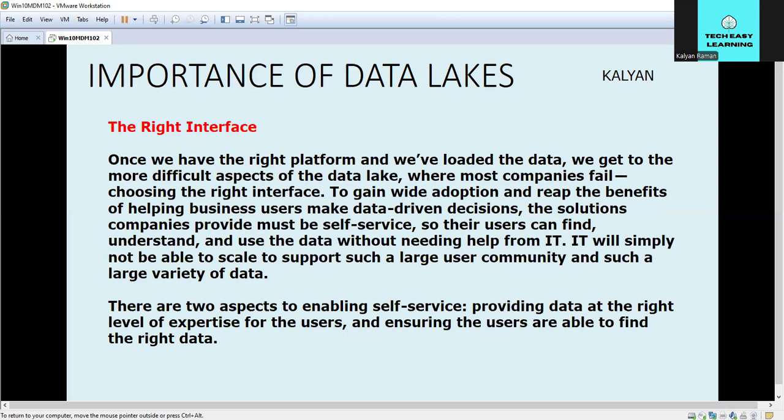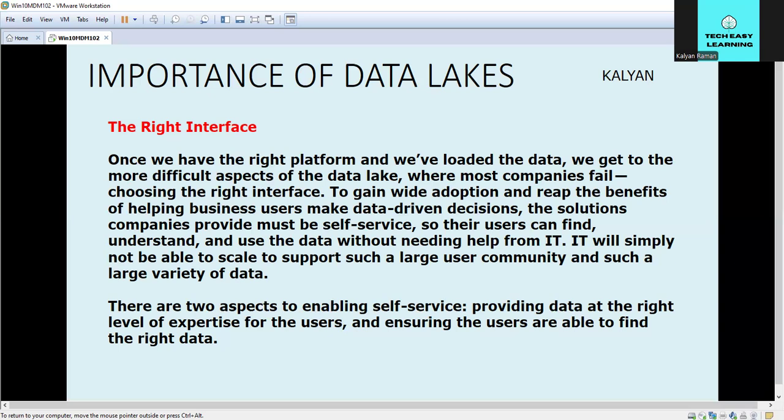To gain wide adoption and reap the benefit, the business users should be helped to make data-driven decisions. That means the users can use the data without much help from the IT department. IT will not be able to support such a large user community and a variety of data. Only limited people will be there. So that the user can get the right data.